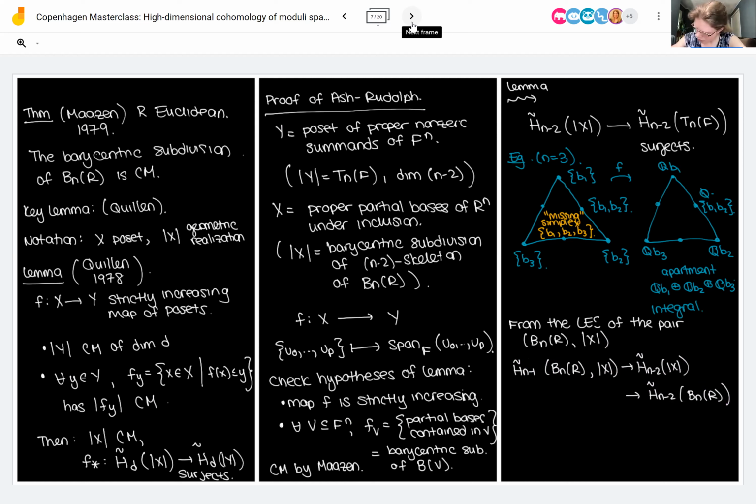Fortunately, this term is 0 by Mason's result on the connectivity of the partial basis complex. And so we get a surjective map here. Great. So what does that give us? Well, when we combine this surjective map with this surjective map, we get the following composite.